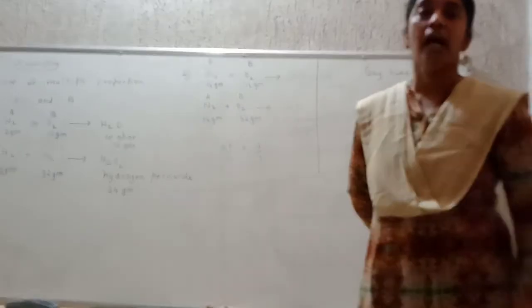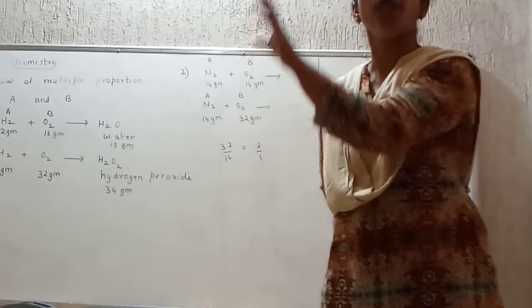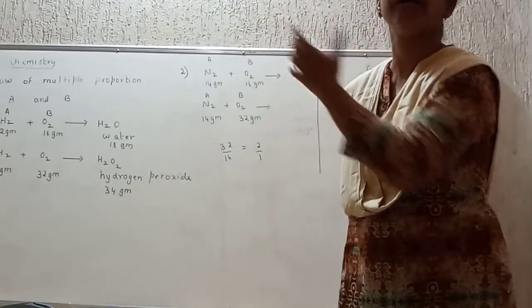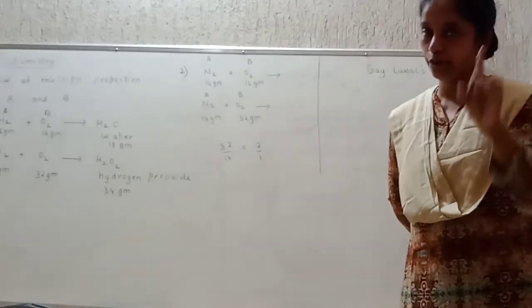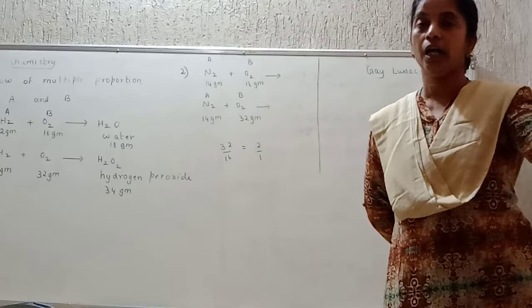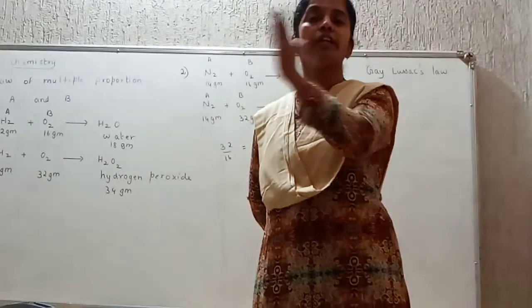The volume of the gases to form compounds is in a simple whole number ratio. Meaning? Let me revise. When gases are formed or when the gases combine together to form a product, then the volume of the gases are in the simplest ratio.